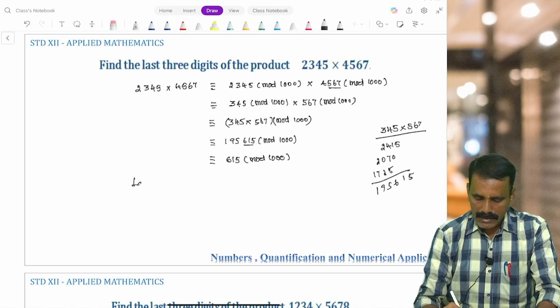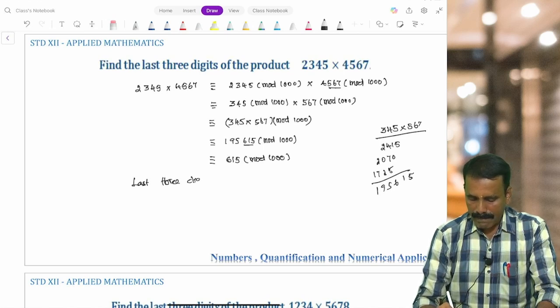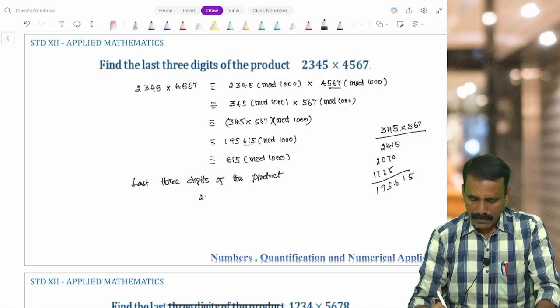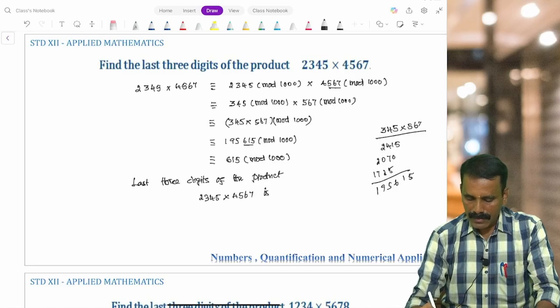So the last 3 digits of the product of 2345 and 4567 is 615.